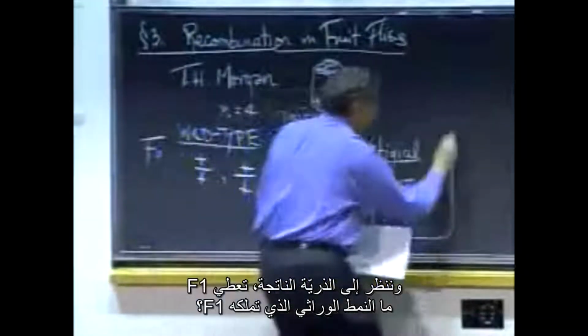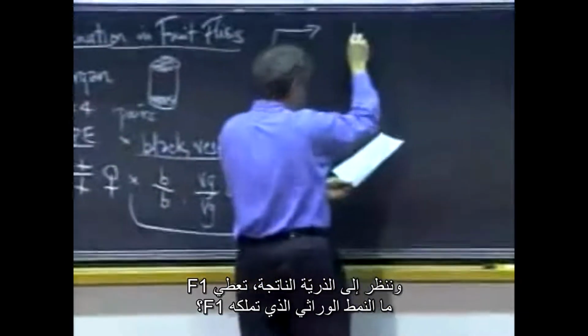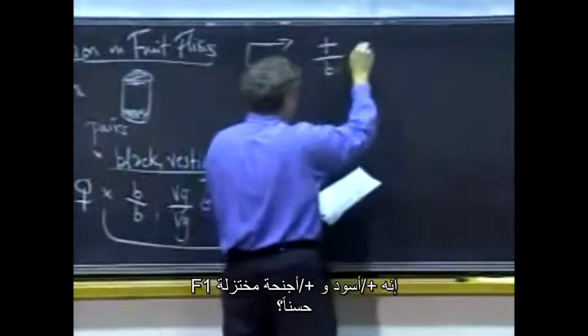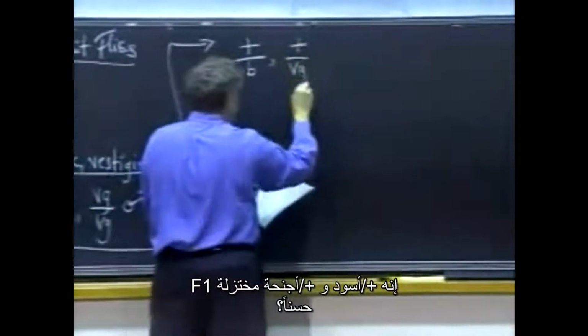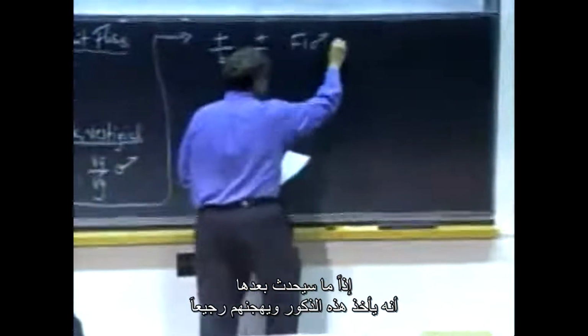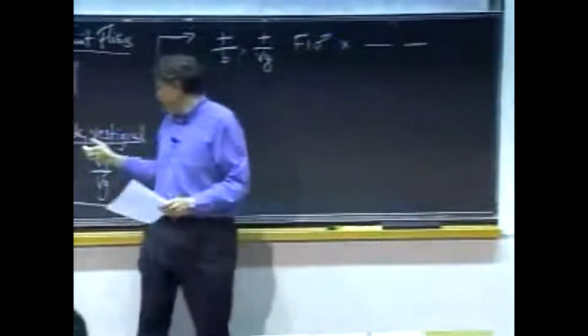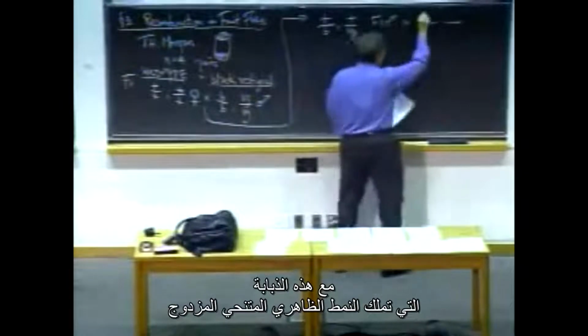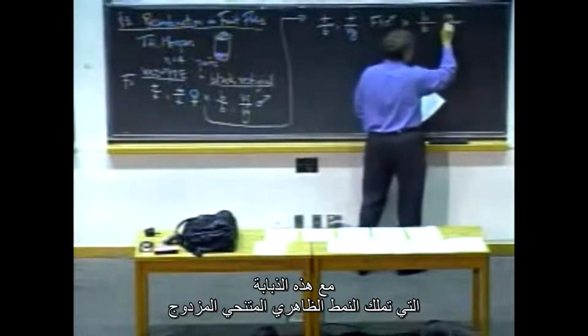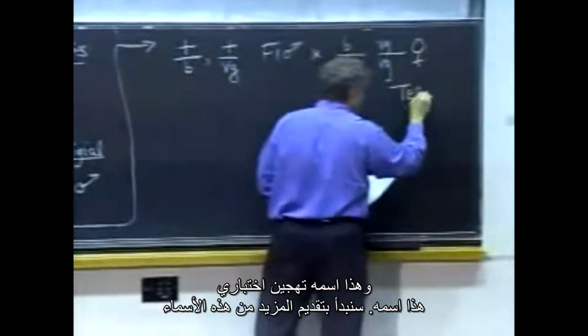So, that makes F1. The F1 have what genotype? They're plus over black, plus over vestigial, F1. Okay? So then, what he does is he takes, say, these males, and he crosses them back to these flies here that have the doubly recessive phenotype, doing what we call a test cross.